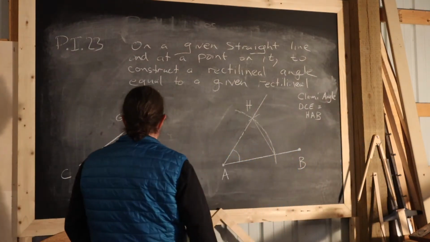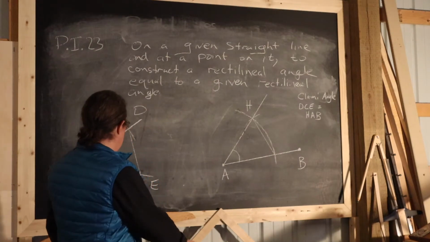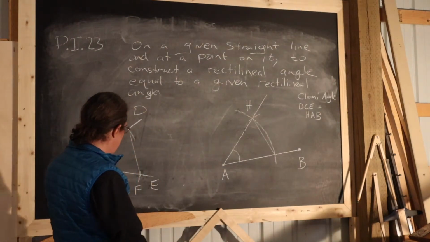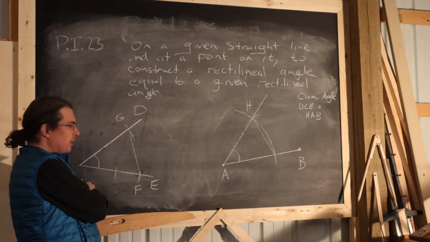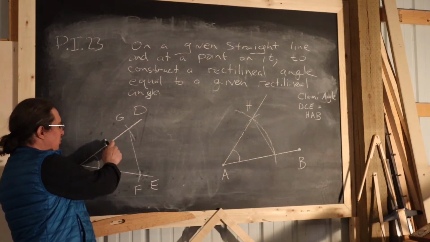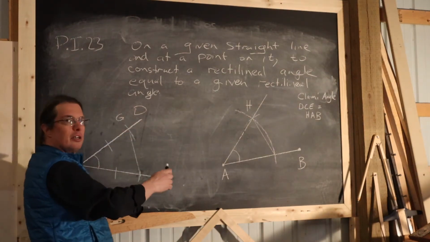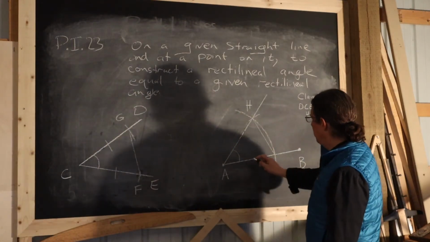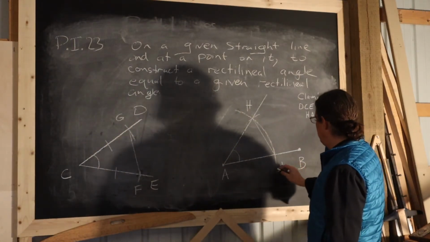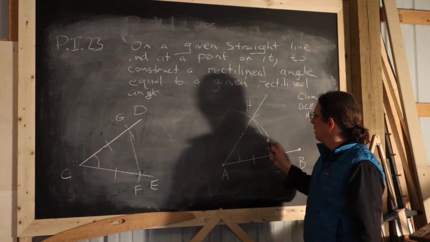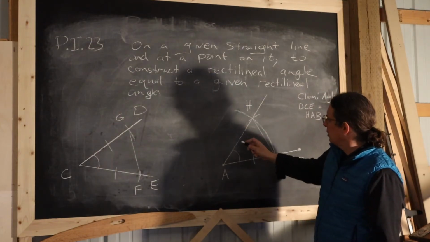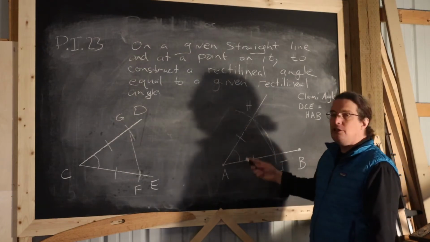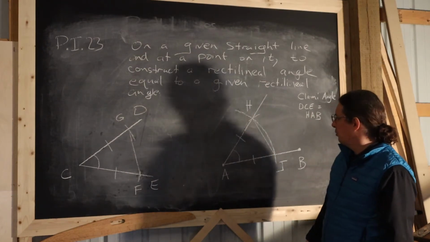Because what I did is on my given angle, I marked out this distance CF and ensured that that was equal to the distance CG. But then I copied that distance over here to J, and swung this equidistant arc to AH, made sure that those sides were congruent.